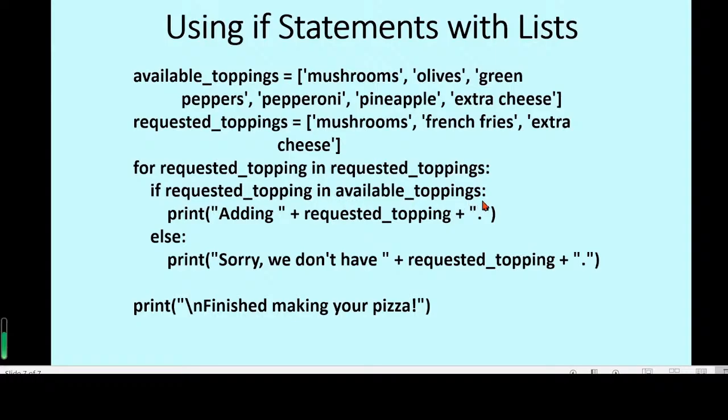If this test is true, then we print adding this request topping. Otherwise, if this request topping is not in the available toppings list, then we will run another message. We tell the customer, sorry, we don't have these toppings.